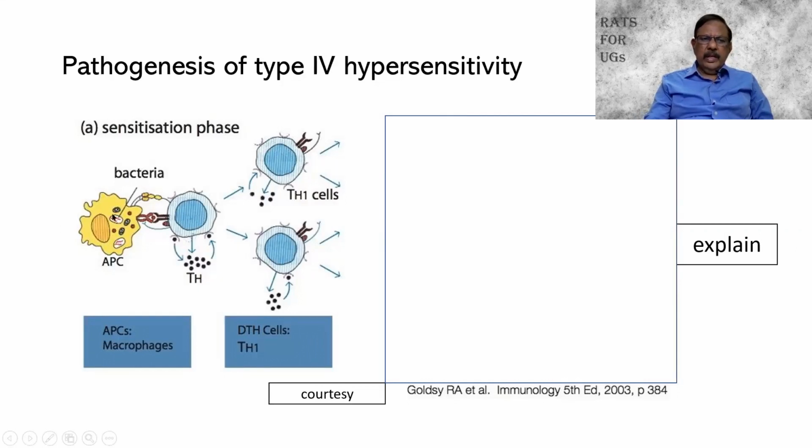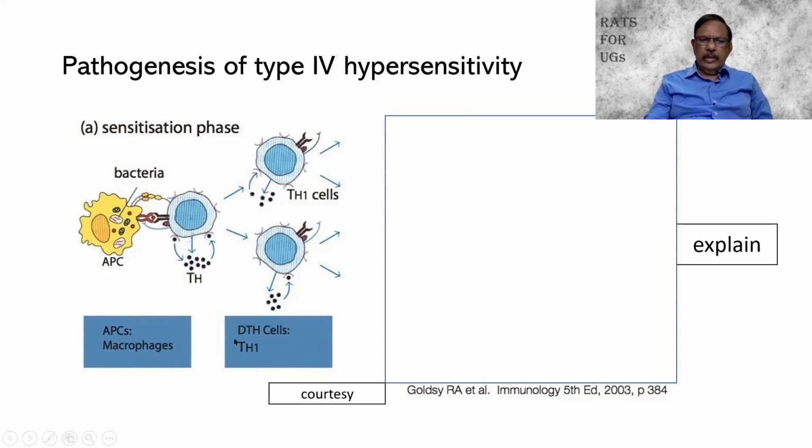This is an antigen presenting cell that presents it to the macrophages. This activates the T helper cells that we are seeing over here. These T helper cells produce some substances, which in turn will lead to the activation of the receptors. That is what is happening over here.